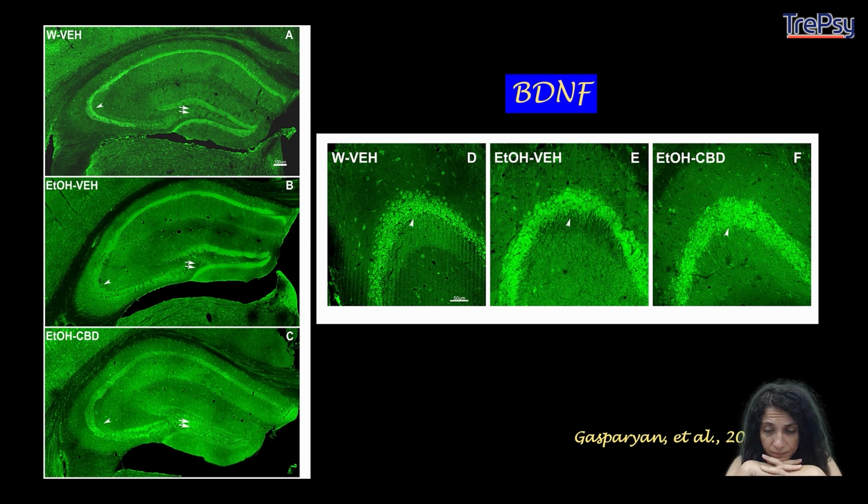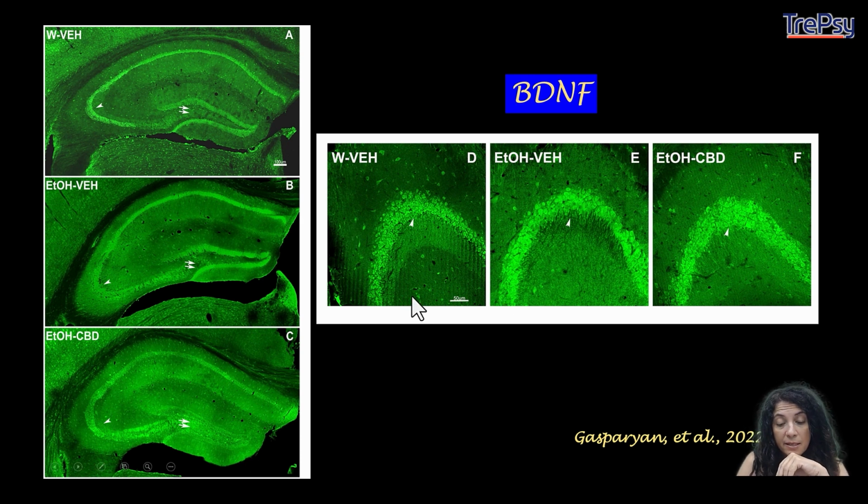In the second immunohistochemistry that we published in this article, BDNF, brain-derived neurotrophic factor, I used a fluorochrome that emits in green, at a wavelength of 488 nanometers.